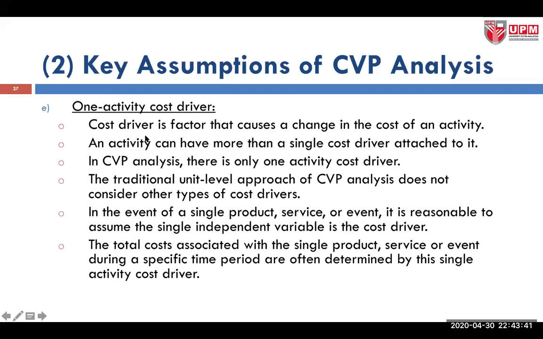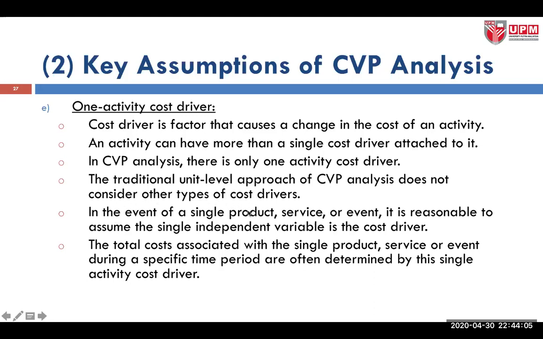One activity cost driver. A cost driver is a factor that causes a change in the cost of an activity, where an activity can have more than a single cost driver attached to it. In this particular CVP analysis, there is only one activity cost driver. So the traditional unit level approach of CVP analysis does not consider other types of cost driver.